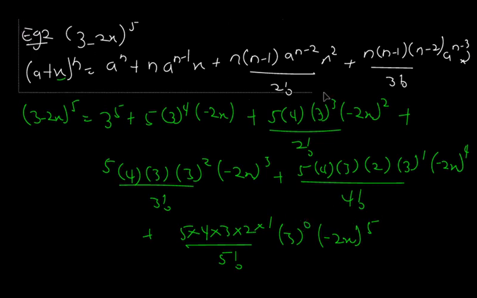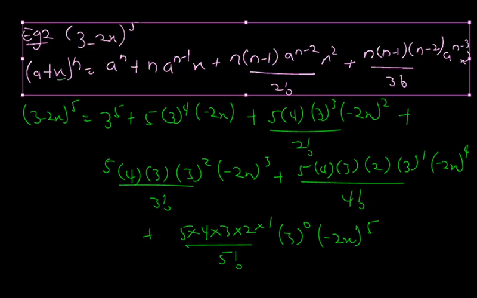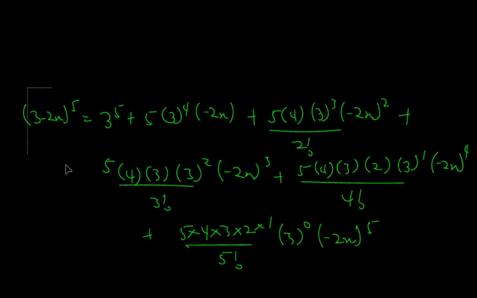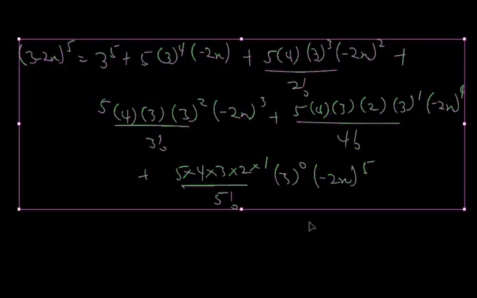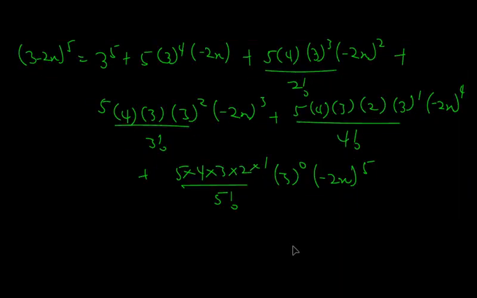So let me get rid of this, and let me bring this up. Okay, so from here 3 raised to the power 5 will give us 243. Then plus, now 5 times 3 raised to the power 4 times negative 2 will give us what?